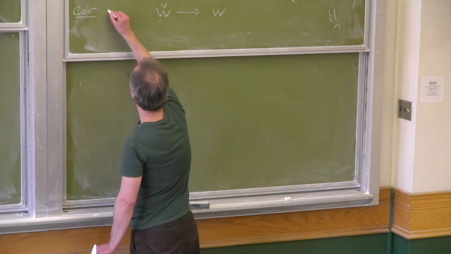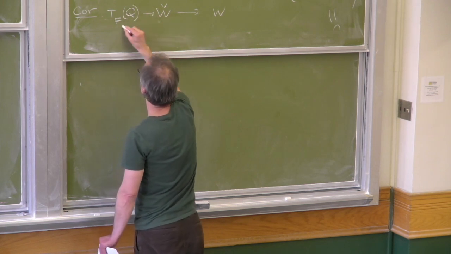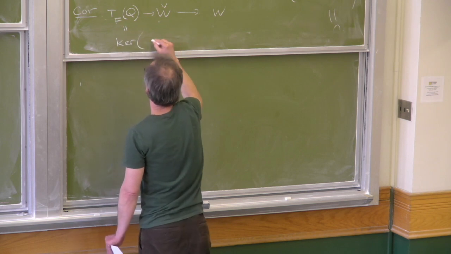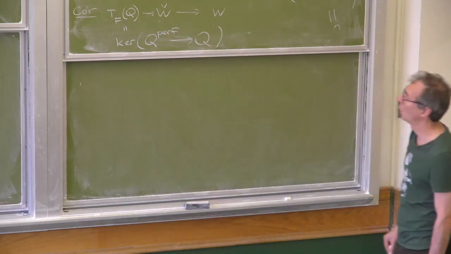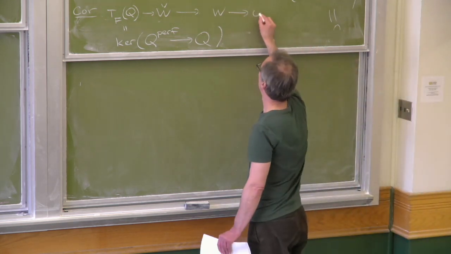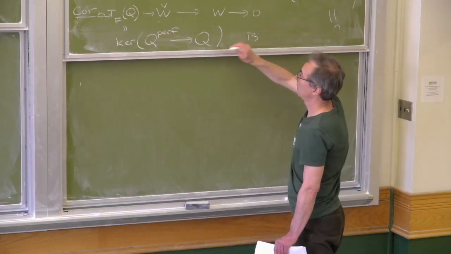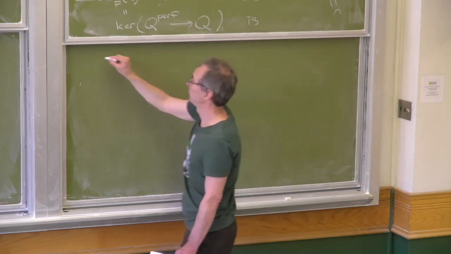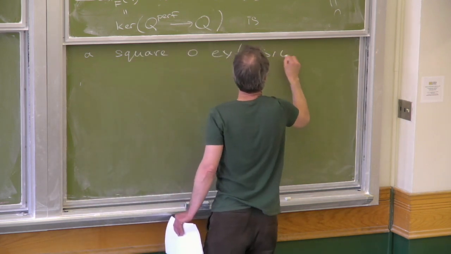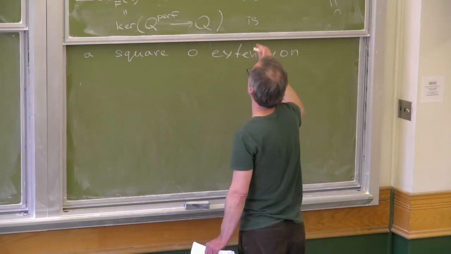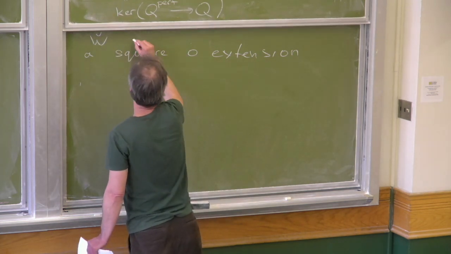And the kernel, I want to call it the Tate module of Q. By definition, this is the kernel of the map from Q perf to Q. We have this exact sequence, and the claim is that W check is a square zero extension.